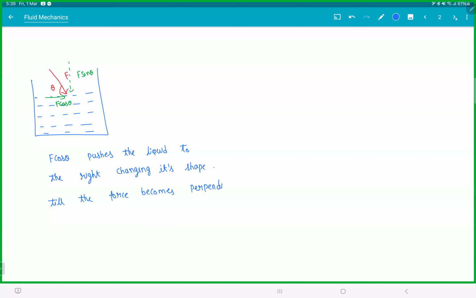This is a simple thing, but quite a useful one. So this is what happens after some time. The liquid will keep moving till this force here, F, becomes perpendicular to the surface.